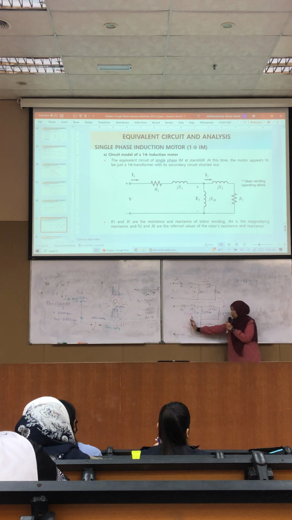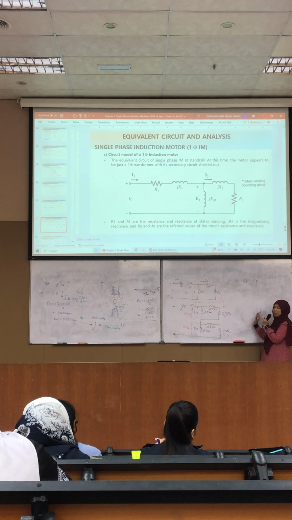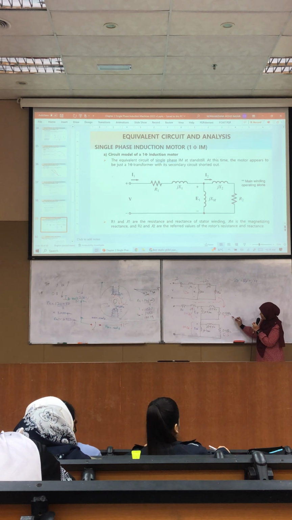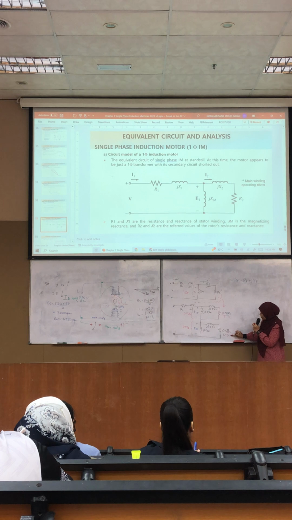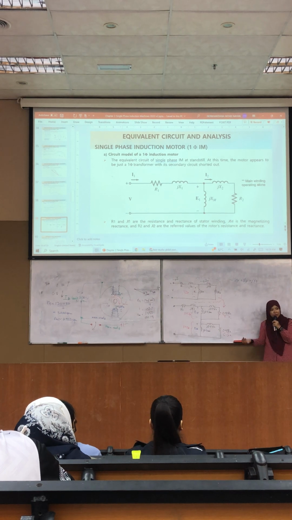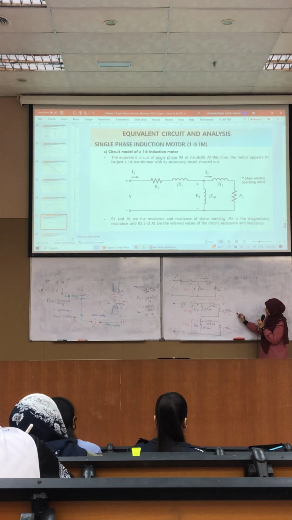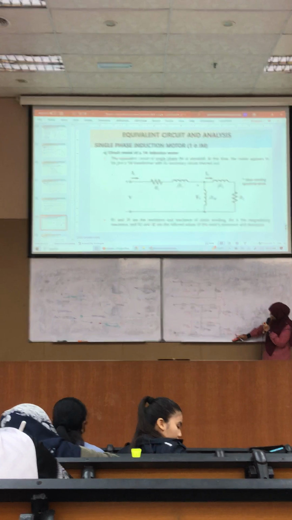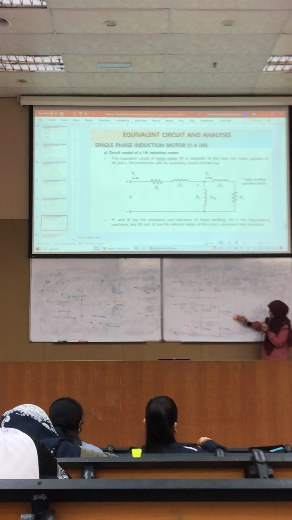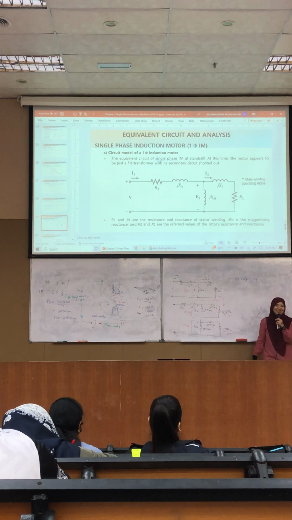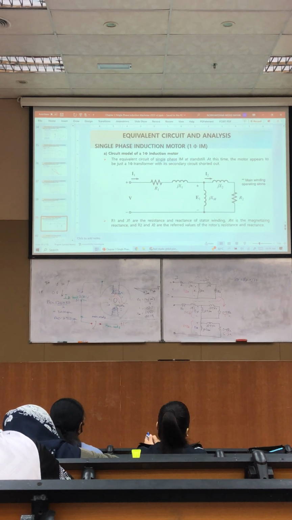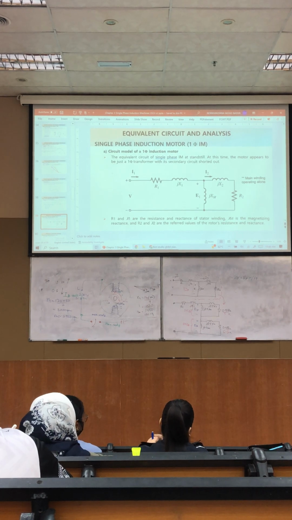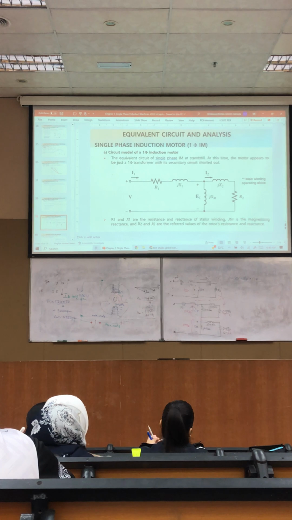However, when you move to the right side of the circuit, slip will be assigned in different ratio. 1 over S, this one is 1 over 2 minus S. Okay. Why dia jadi macam ni? Kena sama master lah. Kalau saya cerita tambah lagi 2 jam. Mari kita habiskan apa yang perlu diselesaikan dulu.